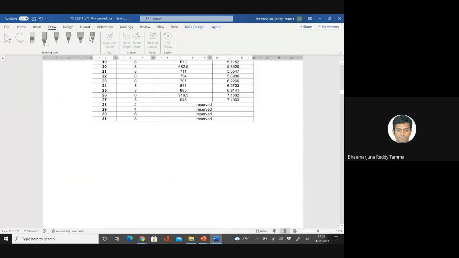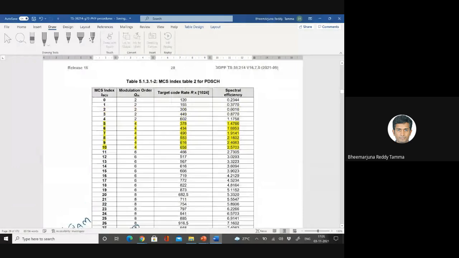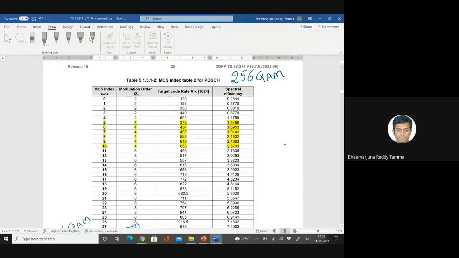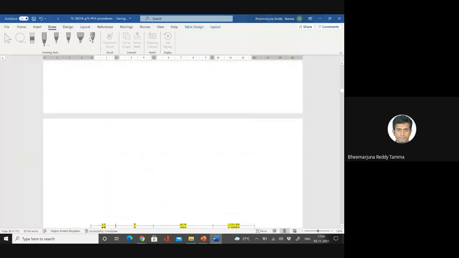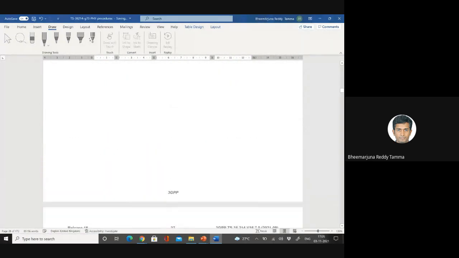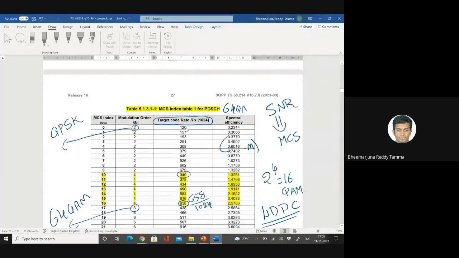Whereas here, if you look at this case, even at the starting of the table you are packing 120 bits in the interval. And when the channel conditions are bad, here also you see it is starting at 120.